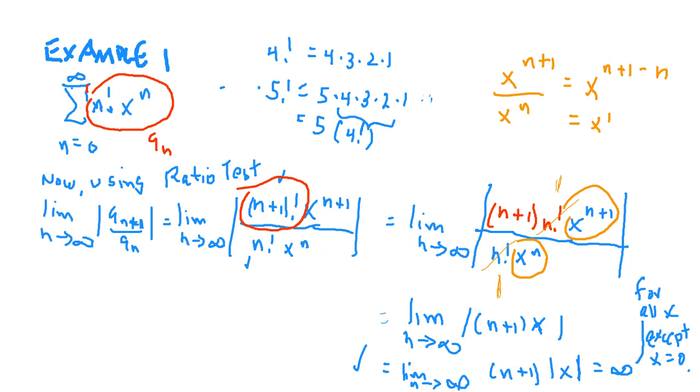So this power series here converges at one value, x equals 0.